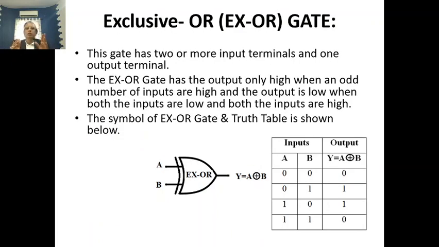Then the exclusive OR gate, or this is called the XOR gate. The two input XOR gate symbol is this one. And this is the truth table for this XOR gate.